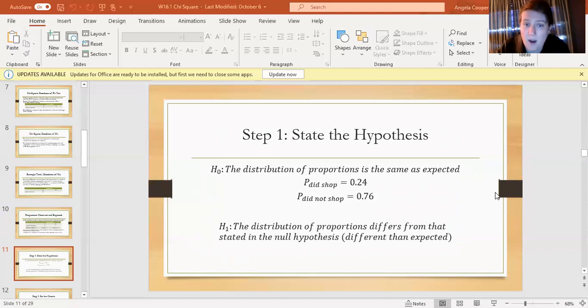Our alternative hypothesis states that the distribution of proportions differs from that stated in the null hypothesis, or it's different than the expected values. Essentially, the null hypothesis is saying that our data matches what is expected or what's been stated in the question, and our alternative hypothesis is saying our data does not match the expected values.